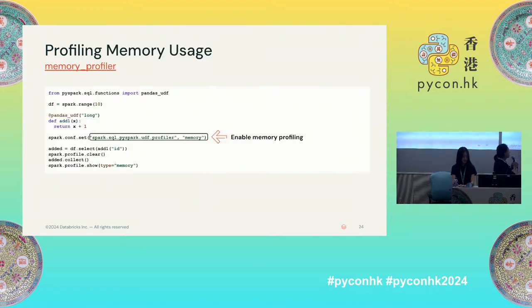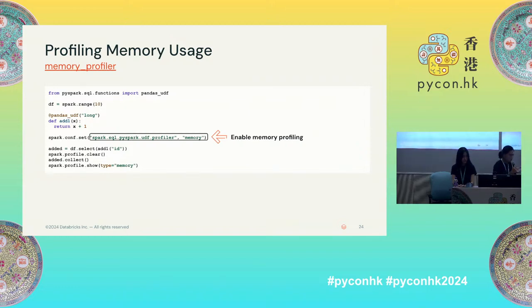All right, I'll talk about the memory profiler first. This memory profiler is actually a third-party library. You pip install memory profiler, and then you can perform memory profiling locally. But as Allison just mentioned, since the execution happens within the worker nodes, not on my local laptop but on other nodes in my cluster, we need that integration, and PySpark has integration with the memory profiler.